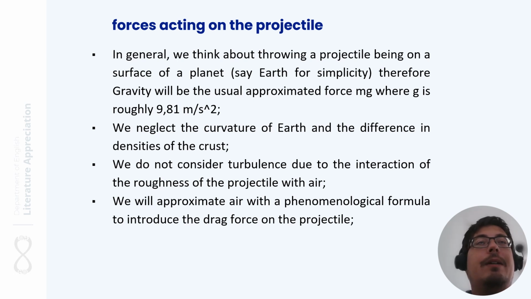Anyway, the gravity will then be the usual small g, which is approximated by 9.81 meters per second squared, all around the Earth. Of course, by doing the approximation, we are neglecting the curvature of Earth or the fluctuation in density or altitude or any other complication that we might touch upon in another lesson. But for today, we're considering a flat Earth with constant gravity pulling down, and I will show you in a sec what I mean by that.